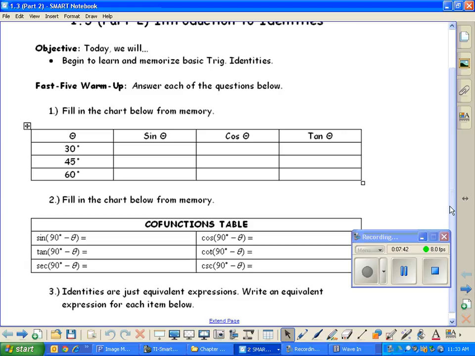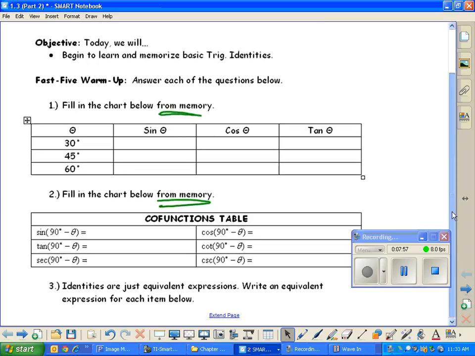First thing I want you to do, there's 1, 2, and 3, warm up. 1 and 2, from memory. Do you see that? From memory. You're trying your very best to do this from memory because that's how it should be pretty soon, if not already. So really take some time to think about that. And number 3, they're just asking you to write something that's equivalent to what's on the page. So just rewrite it in some way that is equal to.